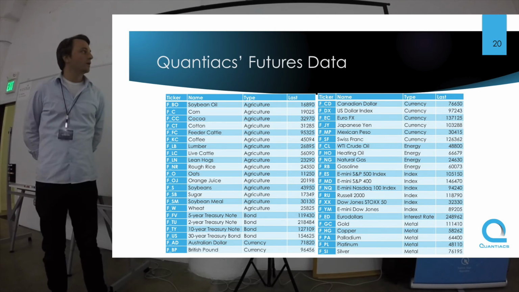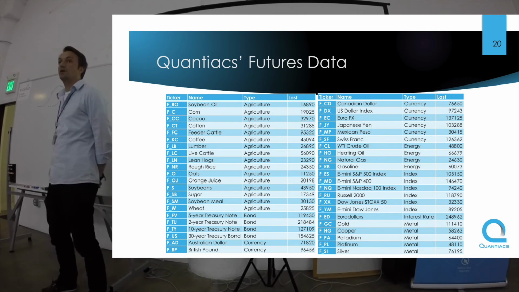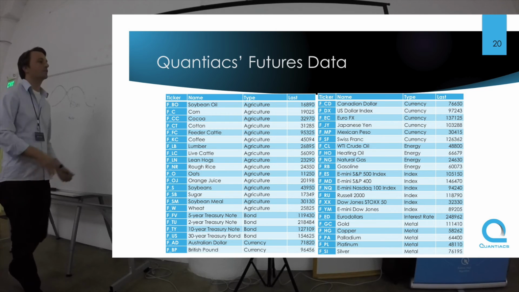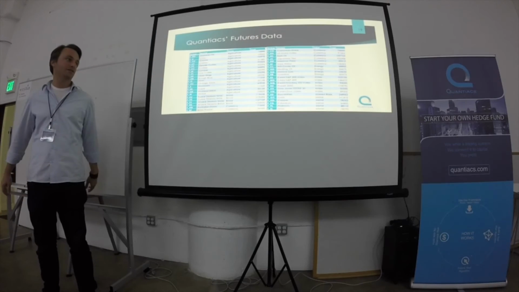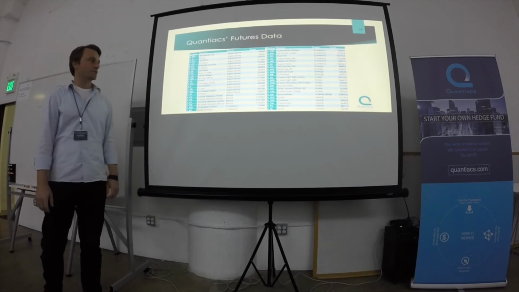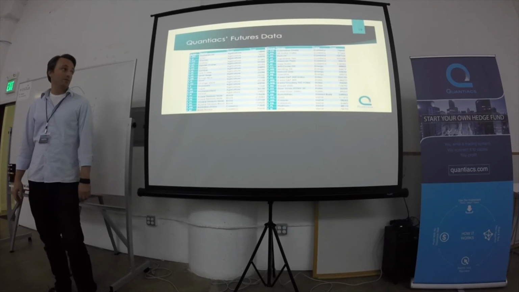This is an overview of the futures data that we have. At the moment we focus on US futures. The CME, the Chicago Mercantile Exchange, is the most important futures exchange in the world. And so are the US futures, so they are the most important instruments.